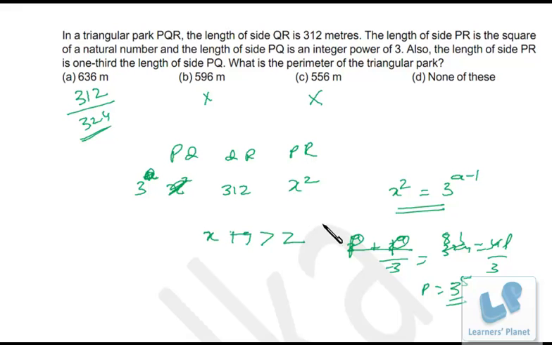So one side is 3 raised to 5 and the other side is 3 raised to 4. That's 243 plus 81, that is 324. Obviously it's a correct choice. So 636 meters is the correct choice. Since none of these was there, that's why we went for the cross verification. Otherwise it's actually not needed. If the other option had been less than 600, obviously this would be the correct choice.